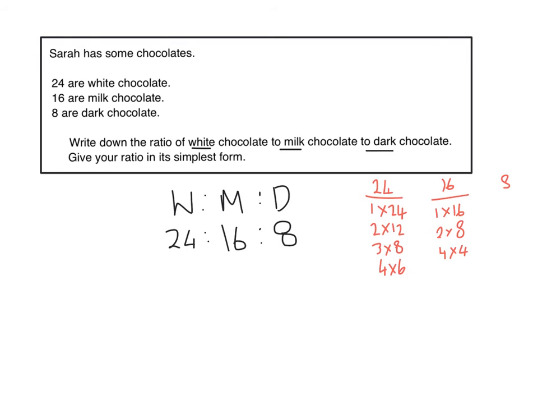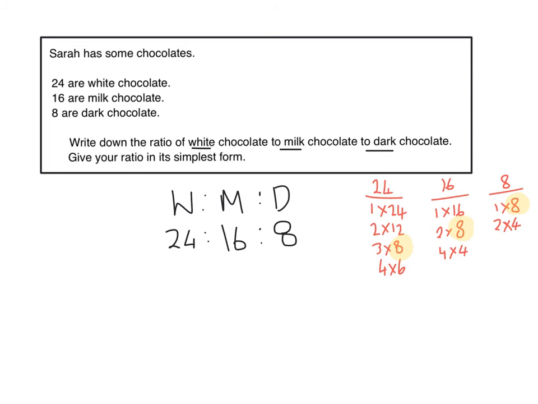And 8 would be 1 times 8, 2 times 4, and 3 doesn't go into it, so I'm done. So you can see that the biggest factor of all of those is actually 8.